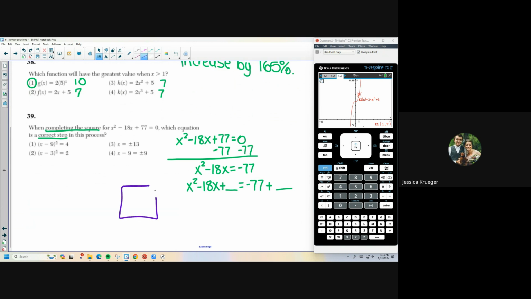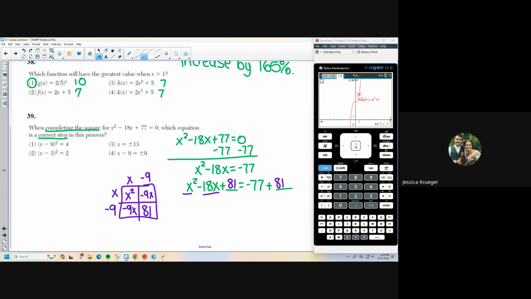So I'm going to set up a square, and I'm going to use the two things I've got to create a perfect square, which means negative 9x's have to go here and here. Negative 9 and negative 9 is 81. So what am I going to add to both sides? Well, it's going to be 81.